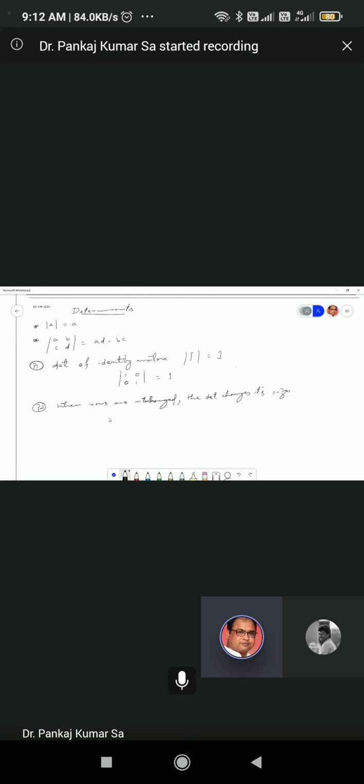That is, if I have a matrix like this, and I have another matrix like this where the rows are swapped, interchanged, then the equality or inequality sign that I will give here would be minus.